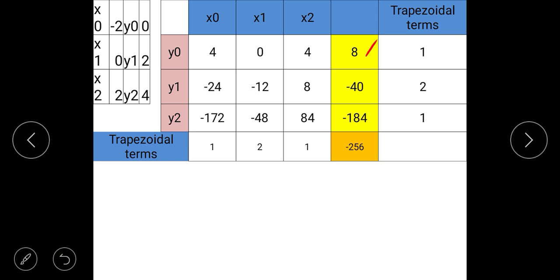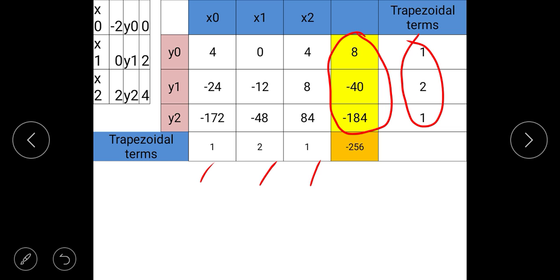Similarly, for the last row, 1 into minus 172, 2 into minus 48, 1 into 84, you will get minus 184. Now here all these terms, you will get 8, minus 40, minus 184 after single integration. It means for the 1 2 1 terms. Again for vertical you have to integrate again. Now again you have to say 1 into 8.